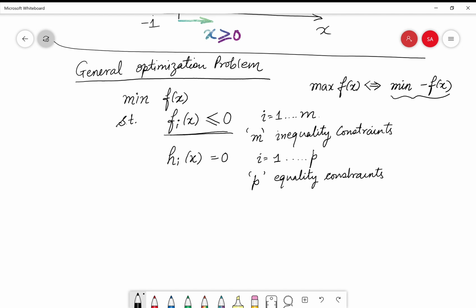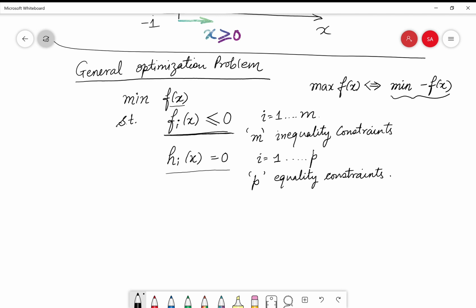Okay, so what we are looking at is that we want to minimize this function f of x subject to certain constraints fi of x less than or equal to 0, and there could be some equality constraints also.